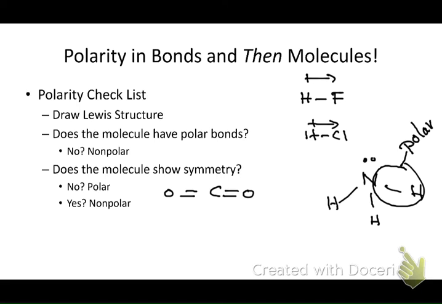And so this is actually nonpolar. So when we look at carbon dioxide, even though it has polar bonds, when you take into account its shape, the molecule is nonpolar. The distribution of charge is exactly the same on both ends of the molecule. Now, there's more electron density out here. That's still true. But the distribution of electrons is uniform, and so it's nonpolar.